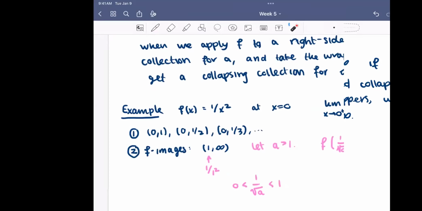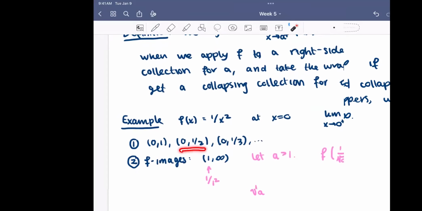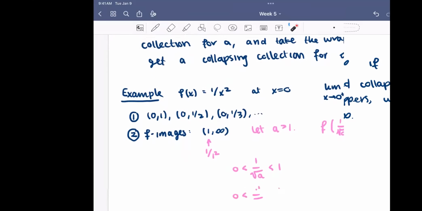And then the pattern continues for these other intervals. So what I mean by that is that to find the successive f images, I just need to plug this number into f, and that will give me the left endpoint. And then the rest of the interval goes to infinity. So here's the other f images.